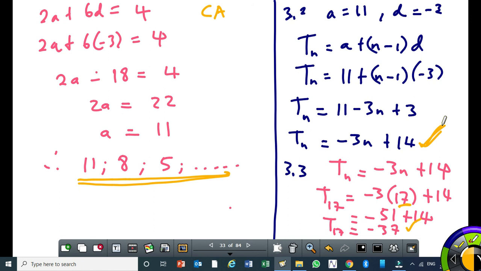Listen, can you pay attention carefully? Let's say the general term was not correct, but when I do 3.3, I carry on with it. My substitution is correct, my simplification is correct, and the final answer is also correct based on an incorrect general term. You get full marks.